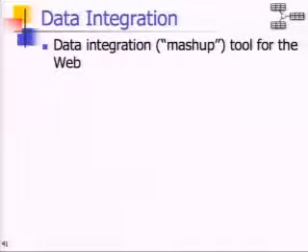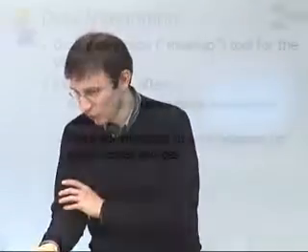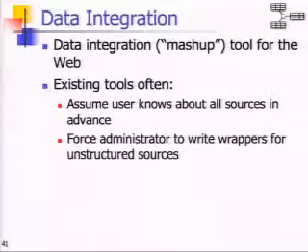So I'm going to talk about one last task, which is how you deal with multiple tables and, to some extent, how you deal with HTML lists on the web. Data integration, sometimes known as mashup tools when applied to a web setting, is often, at least in the existing web tools, designed from a very traditional database perspective. For example, they assume that the user knows about all the potential data sources, which is very reasonable in a traditional database setting.